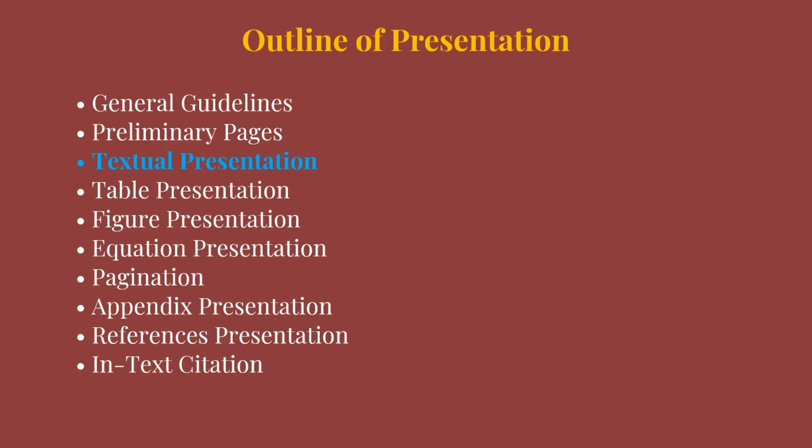Now for the textual presentation. Here are some guidelines in the textual presentation. As a general rule, the discussions in the main text, for example, the problem and its background, chapter 2, up to the summary, conclusion, and recommendation, shall be written in the third person point of view.